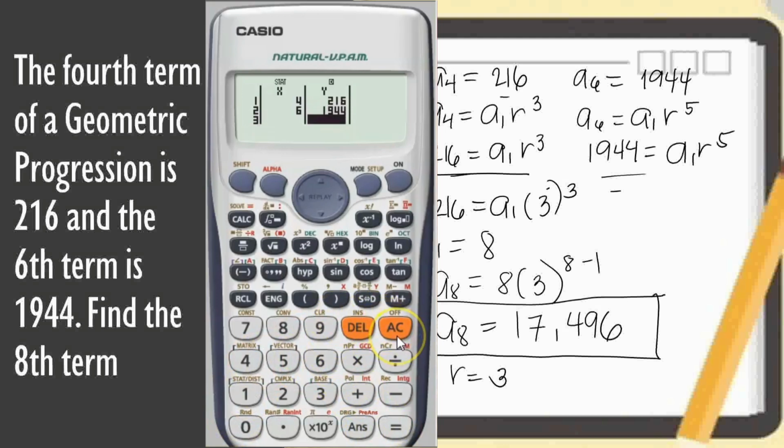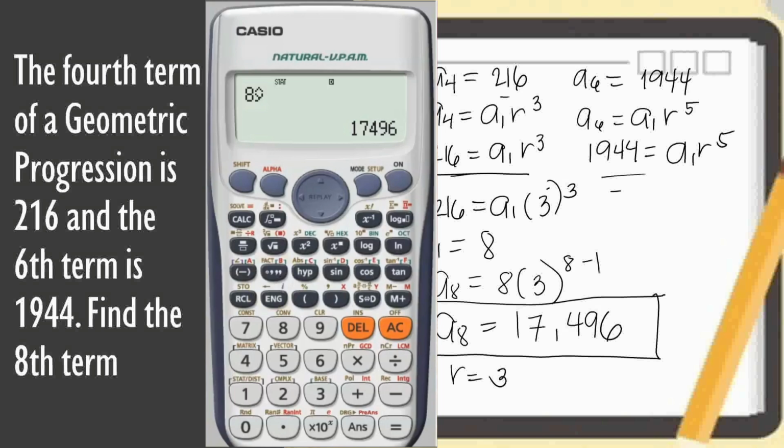And then, AC lang natin. And then, hanapin daw natin yung 8th term. So, shift 1, 5, 5. So, same lang din dun sa arithmetic. So, hanapin natin yung value ng 8th term. So, equal sign. 17,496. So, tama naman yung nakuha natin. So, nagtali naman yung sa manual solution.